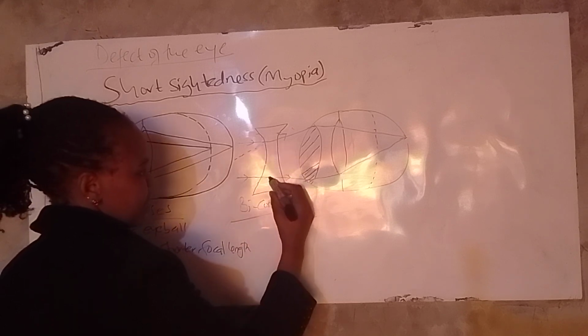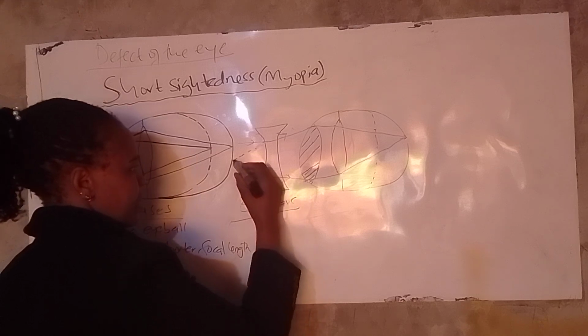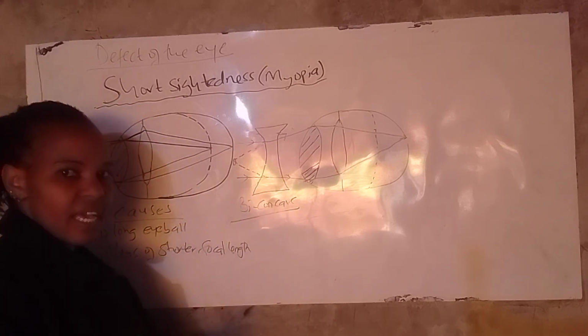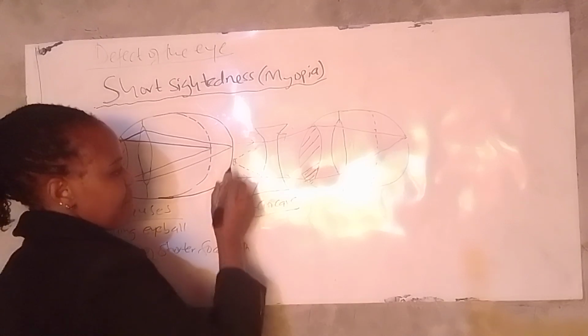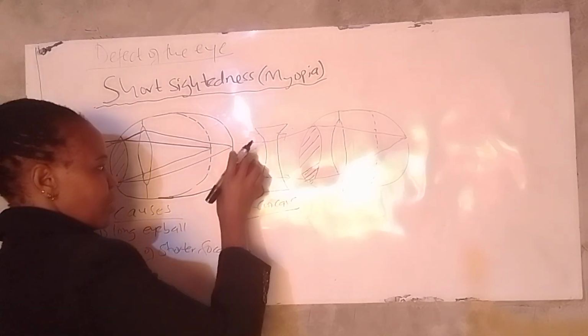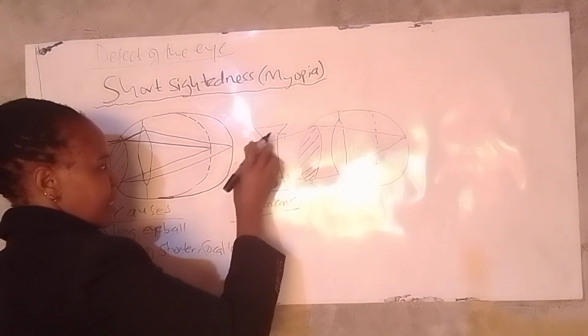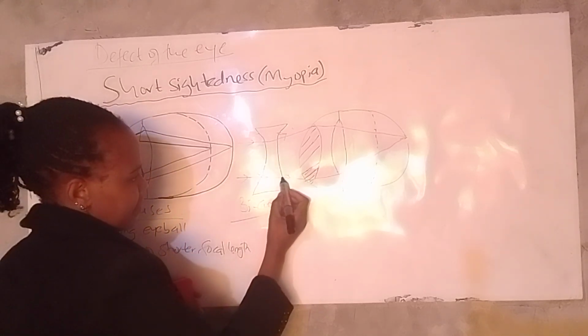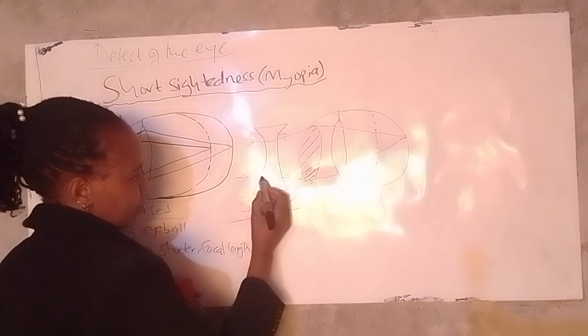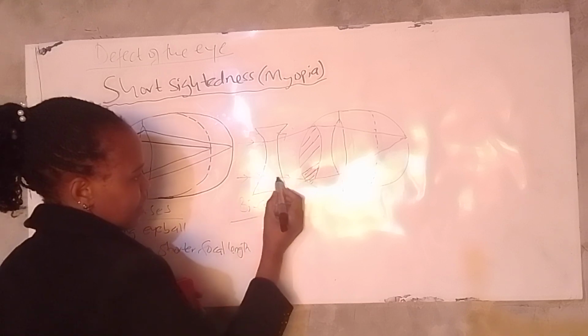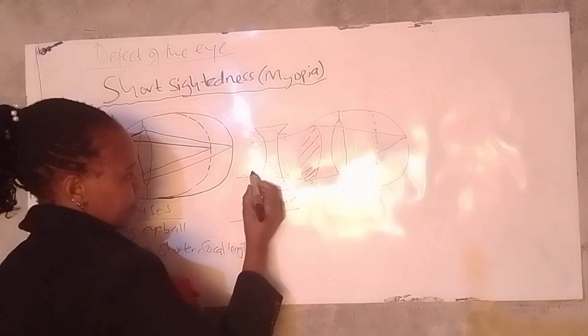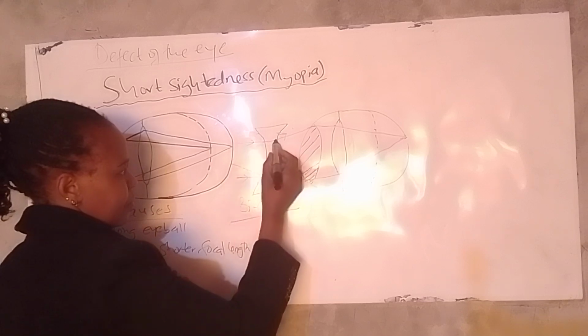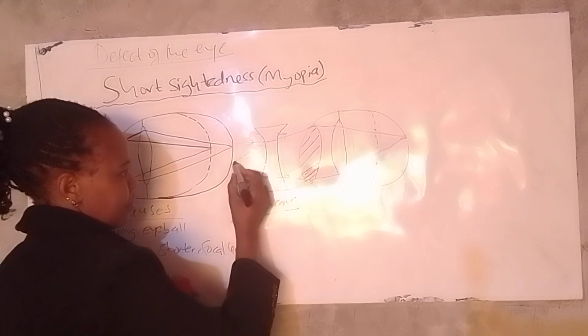When you produce this ray backwards, the object looks like it is there. And this object is a virtual object. Let me put it dotted. So let me do it again. This is the ray after refraction. So the object is virtual.